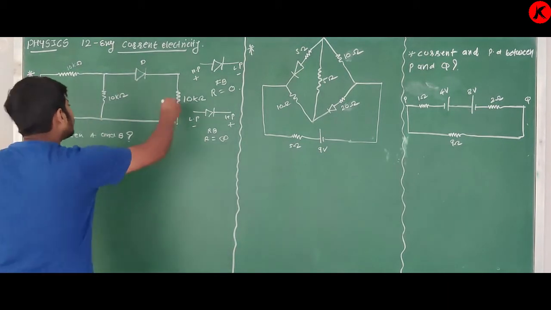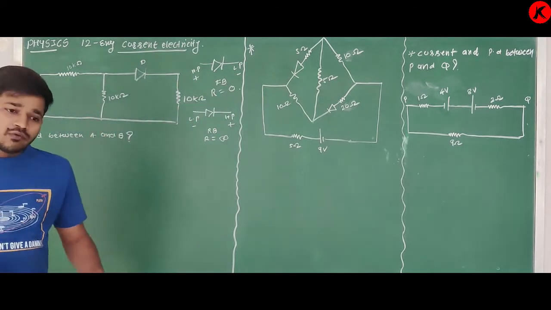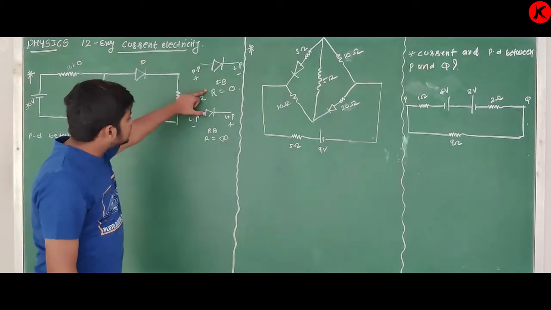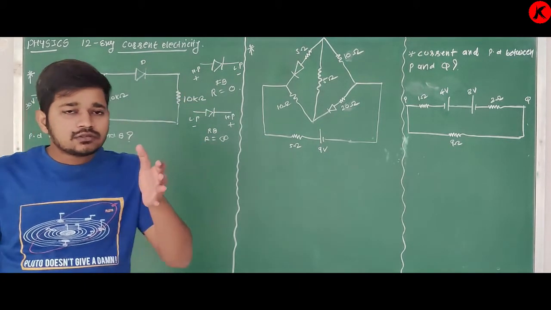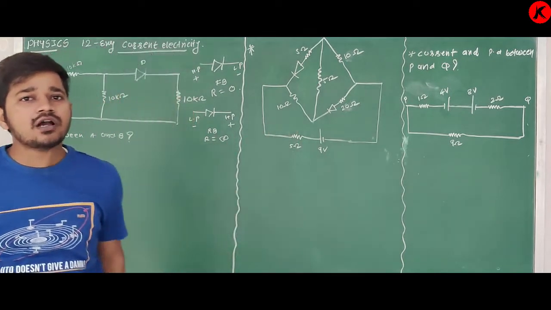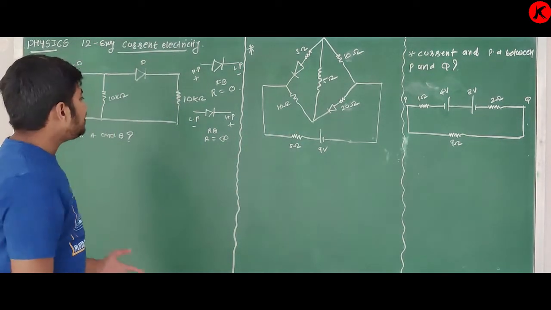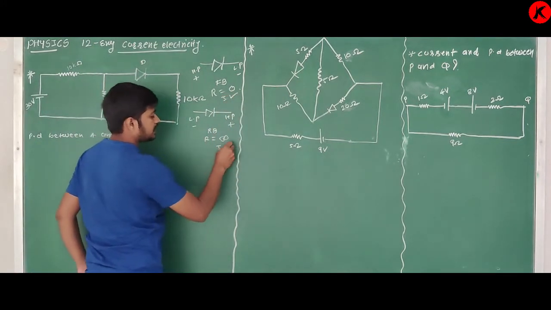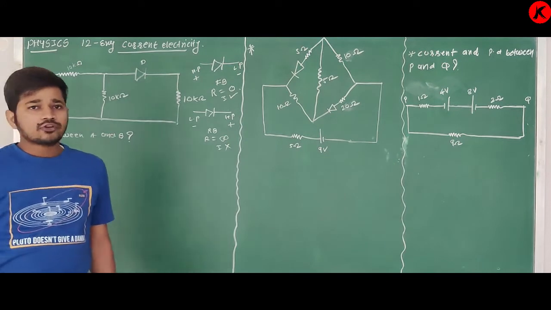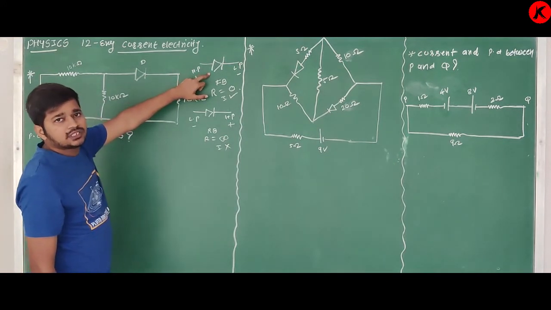In forward bias condition, the resistance of the diode is nearly 0. In reverse bias condition, the resistance of an ideal diode is infinite. Infinite means no current is flowing. In forward bias condition, current will flow, and it will behave as a pure conductor.